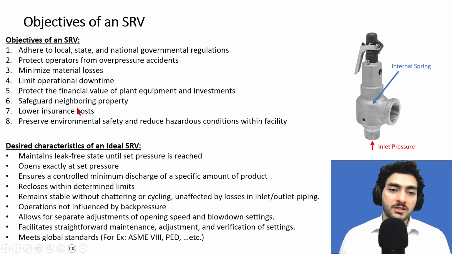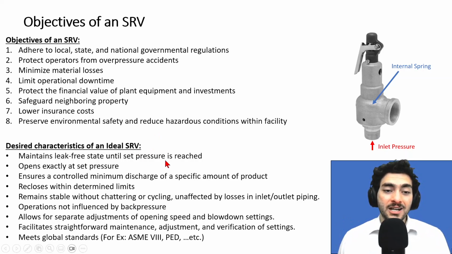You want to also make sure that the neighboring equipment are protected, and when you mitigate all of these overpressure incidents and catastrophes, you'll have lower overall insurance costs on the plant. And finally, you want to preserve the environmental safety and reduce any hazardous conditions within the facility.